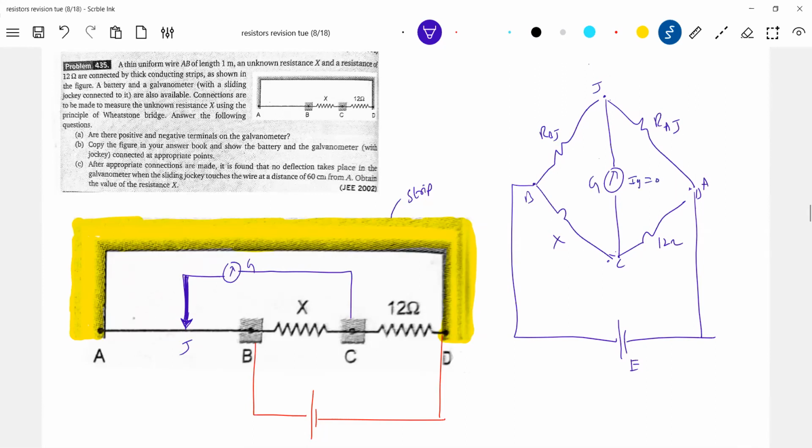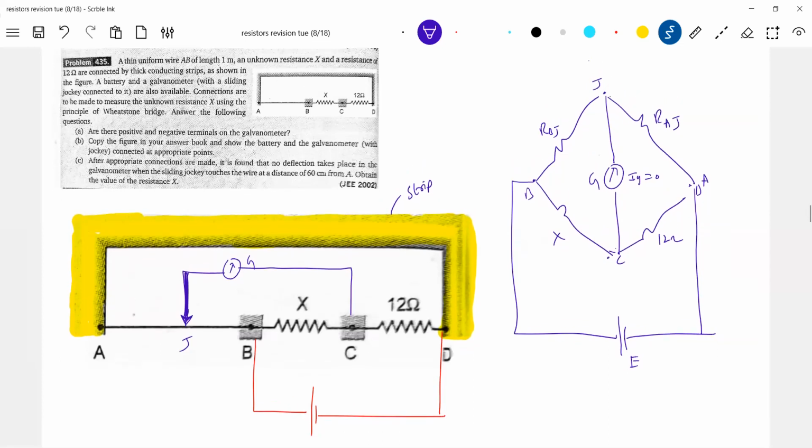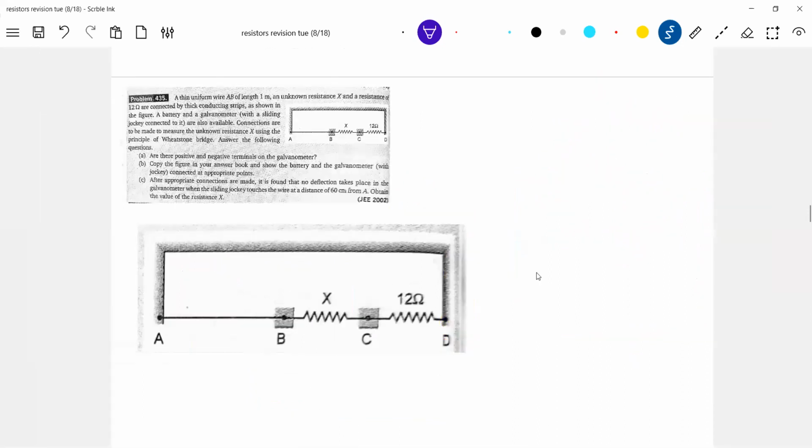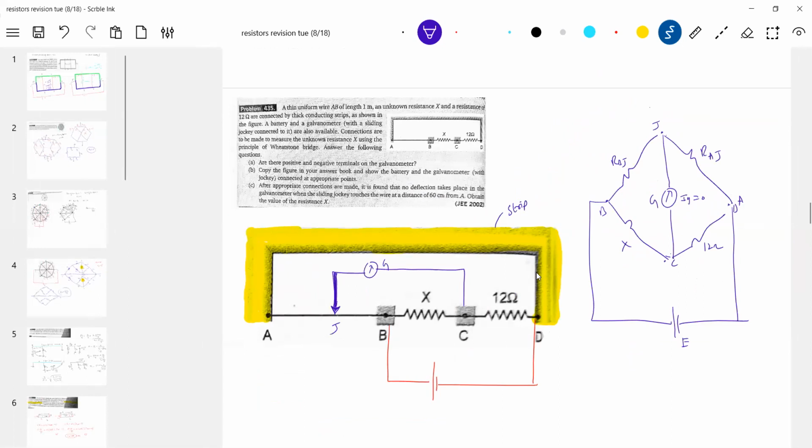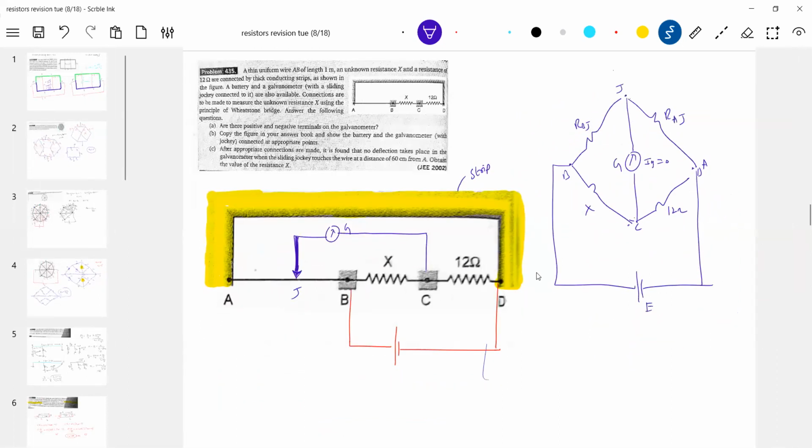IG will be 0. Get into the problem now. For balancing of this, P by Q equals R by S, RAJ by RBJ equals X by 12. So X equals 12 into RAJ by RBJ, which is 60 by 40.